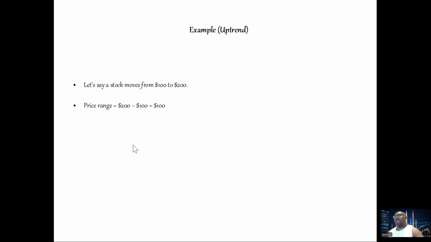Then, for example, in an uptrend, let's say a stock moves from $100 to $200, right? If an asset or a stock moves from $100 to $200, the price range is between 100 and 200.